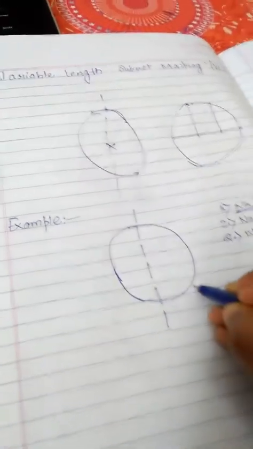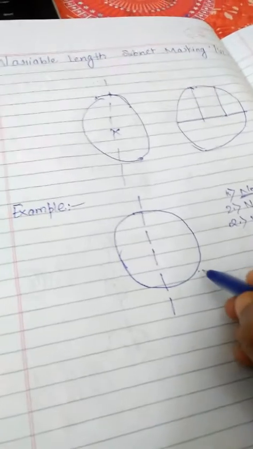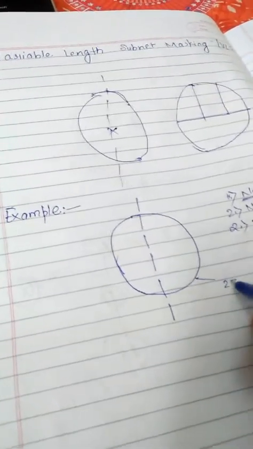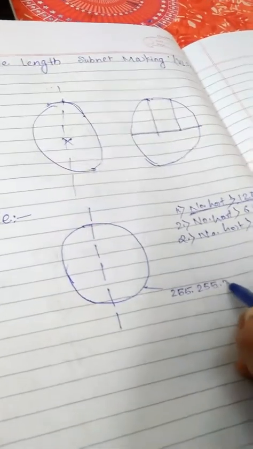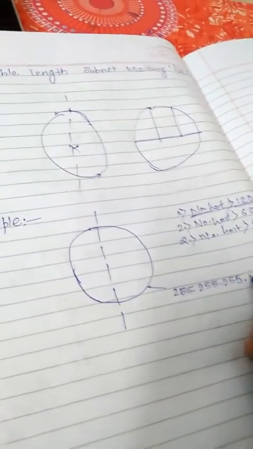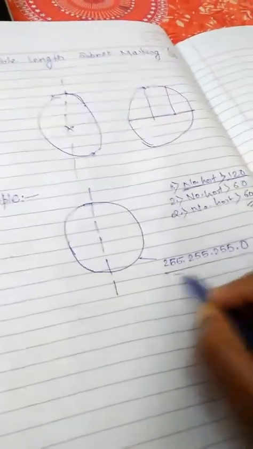So take it as a network of like 255.255.255.0. Okay, this is the class C network.